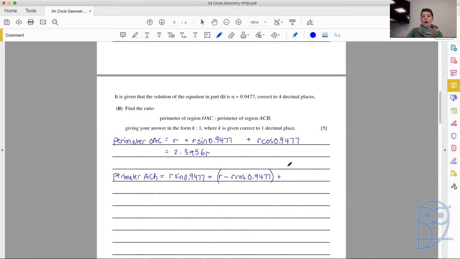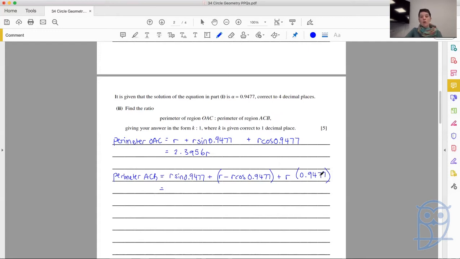The arc length is R theta. So R times 0.9477. So again, we've now got on our calculators, sine 0.9477 plus 1, minus cos 0.9477 plus 0.9477.